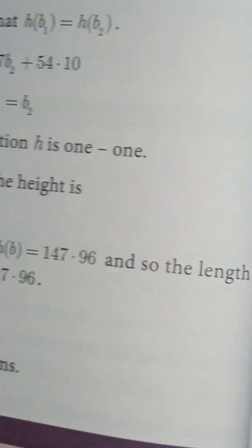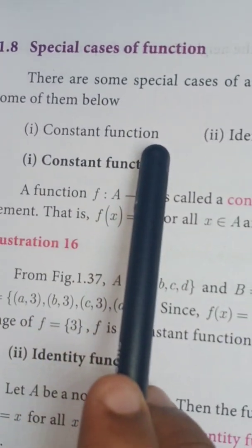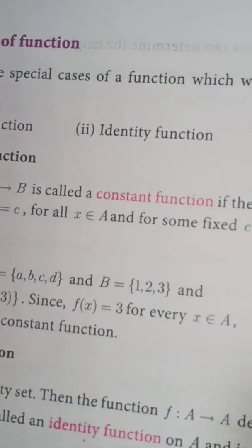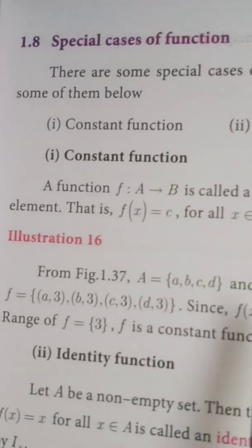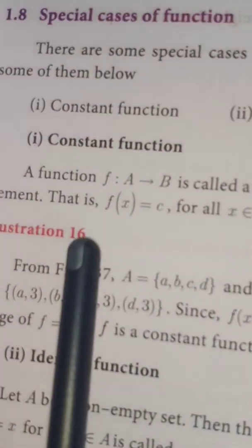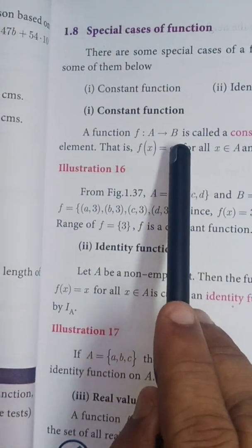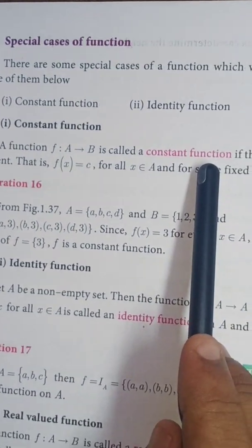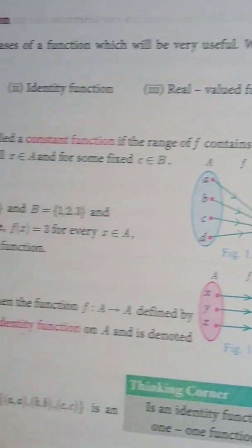Now, some more functions. Listen. We can discuss about constant function, identity function, real valued function. Okay, constant function. Constant function definition, here it is. A function f from A to B is called a constant function if the range of f contains only one element.